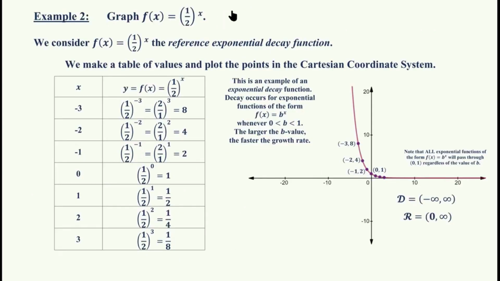Okay, so as it turns out, when the base is like the previous example, 2, or any number larger than 1, you end up with an exponential growth scenario. If the base is less than 1, but remember, we can't just leave it there because we want to make sure it remains positive.